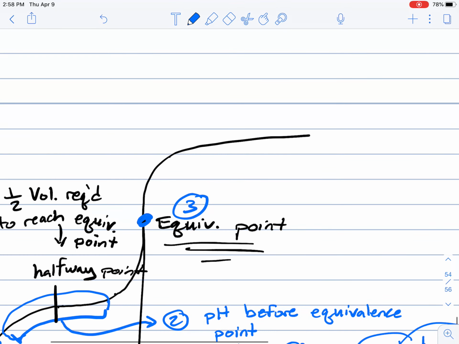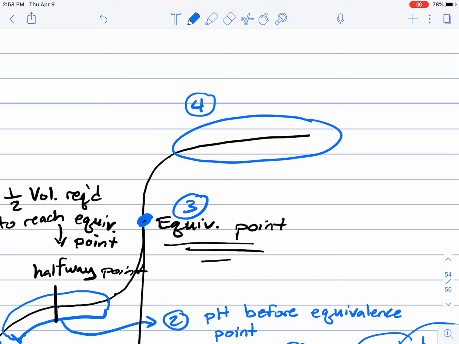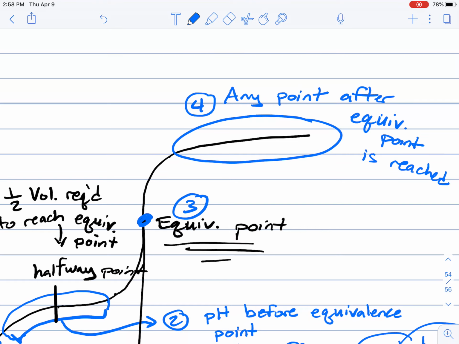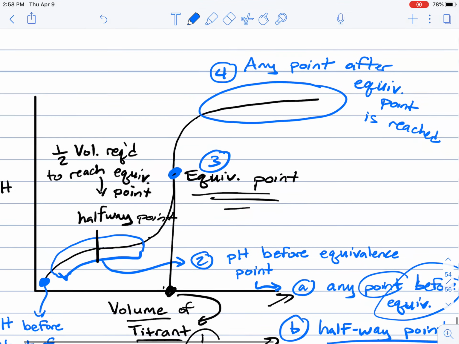And then the fourth point is any point after the equivalence point has been reached.